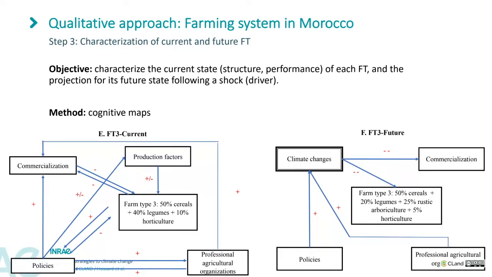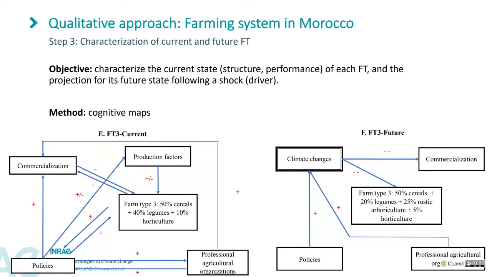That was done by groups of stakeholders during the first workshop. And you have at the center the farm type as it is, and the objective is to think why they are the way they are, depending in this case on production factors, professional agricultural organization, policies, commercialization.